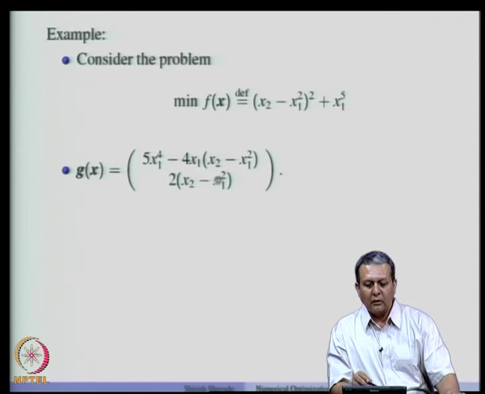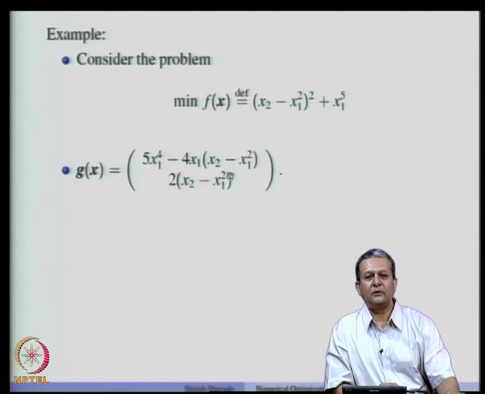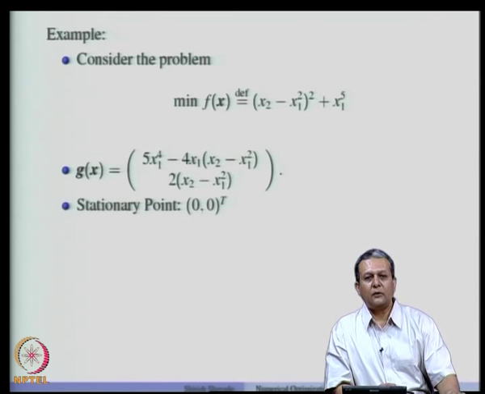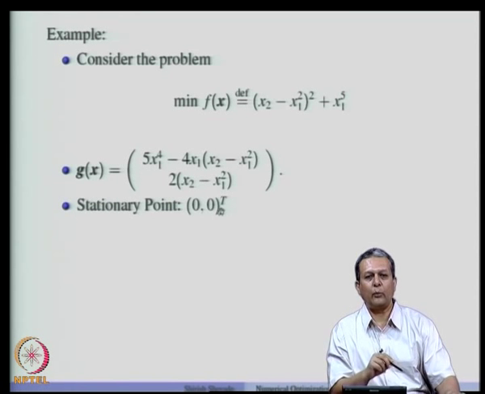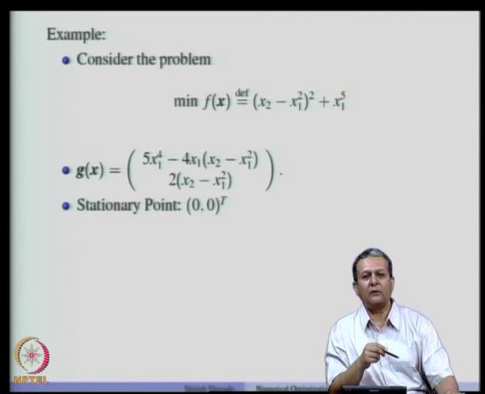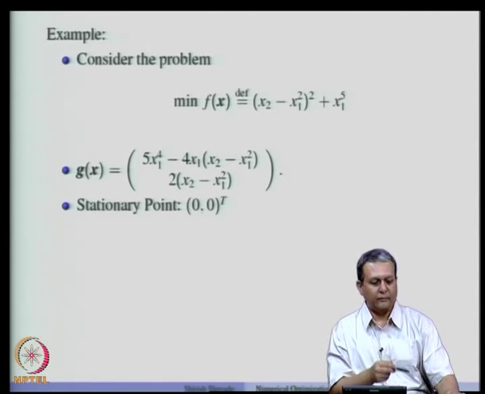Now you will see that this gradient vector will be a zero vector at the point (0, 0), the origin. So, the stationary point of this function is the origin. This is the only stationary point, and we now want to find out whether it is a local minimum or local maximum or neither.